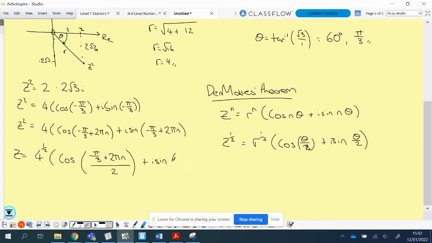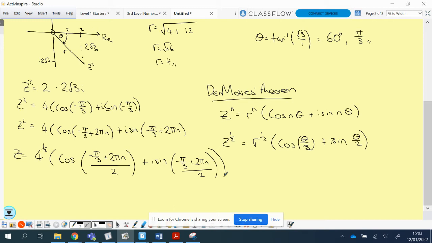Plus i sine, negative pi over 3 plus 2 pi n, over 2. So that's how I'm going to get z. I've just taken the square root to get z, and that's what happens to the argument and the modulus.